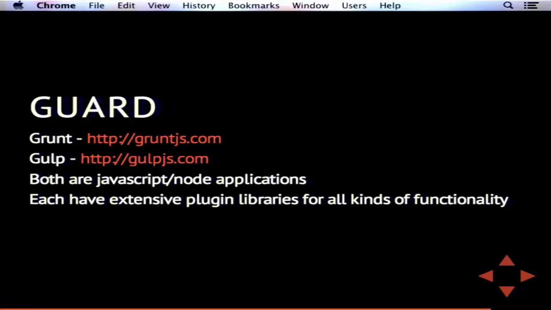They also are, especially in the Gulp world, under a lot of change now, so they're pretty hard to keep up with. I like Guard because it's dead simple and just uses Ruby. But if you find yourself needing something other than just a file watcher and you need to do processing under JavaScript or CSS or any other things, Gulp and Grunt are definitely good tools to take a look at.